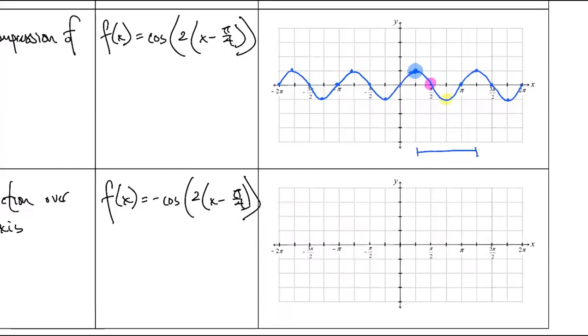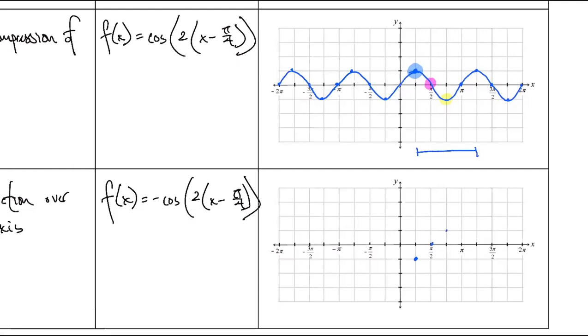All right, where's that blue point going to go if it changes? I agree that it's going to change. Where is it going to go to? Yeah, instead of being up above the x-axis, it's going to be below the x-axis, right?